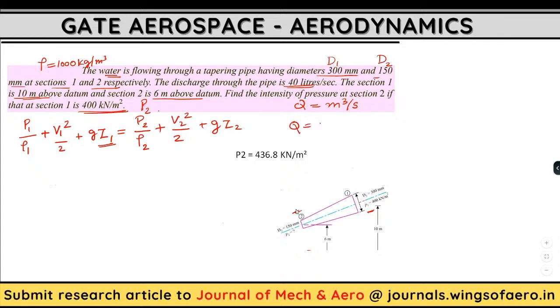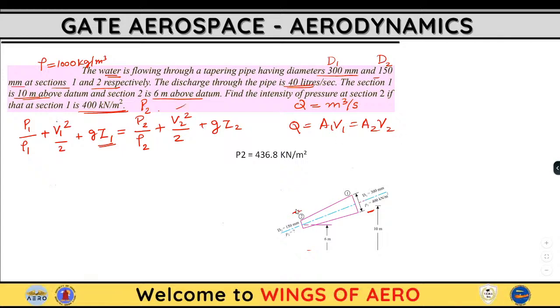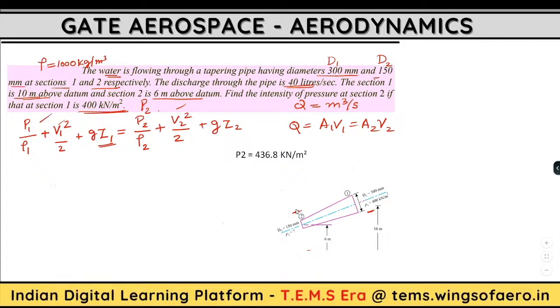From the discharge, A1 V1 equals A2 V2. You can find the individual V1, V2 values. Substitute over here. P1 is known, and remember this is in kilonewton per meter square.